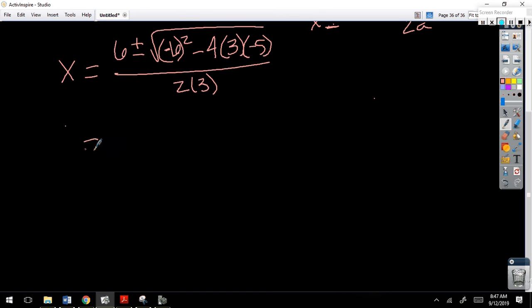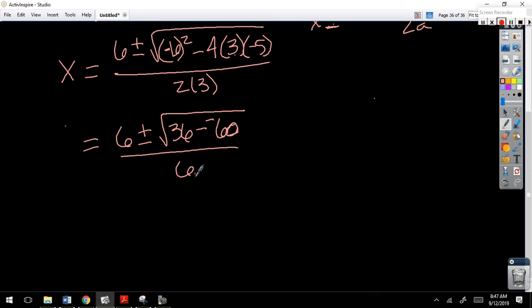All right, so now here's where we're going to have to use a couple of skills that we talked about earlier. I got 36 minus negative 60, right? Watch those signs. One of the biggest places students mess up are those signs under there, okay?